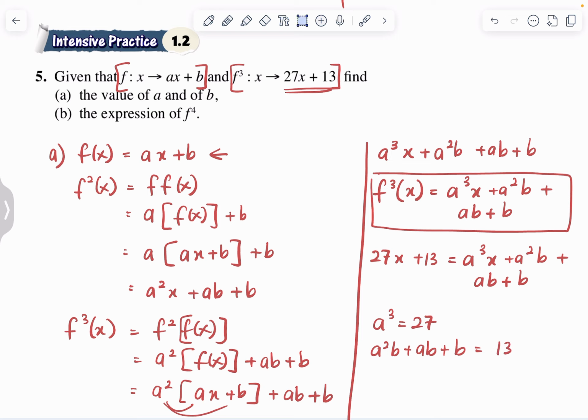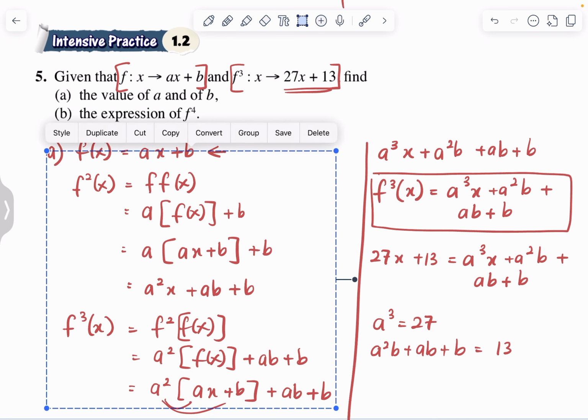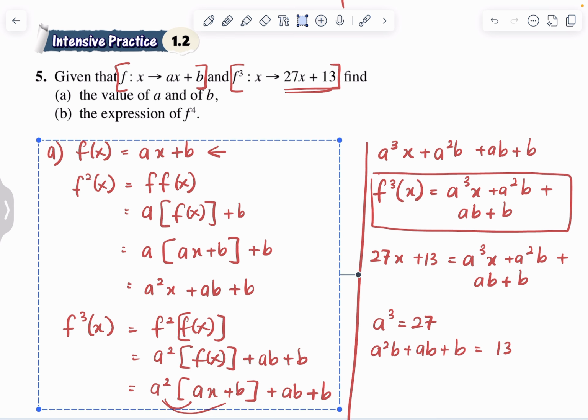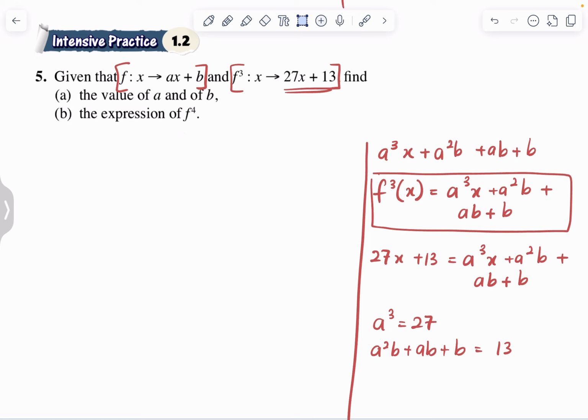Okay, let's delete all these. So if a cubed is 27, a will be the cube root of 27, which is 3. And since we know a is 3, we can sub the 3 into this a.